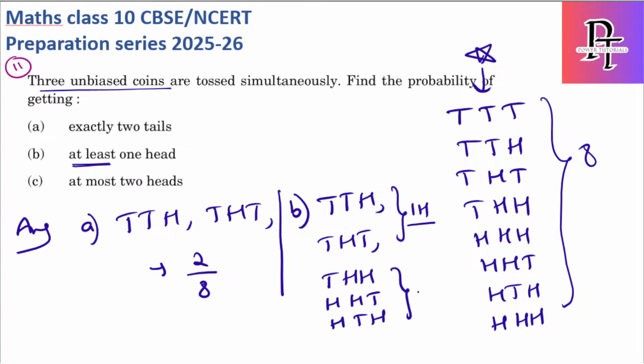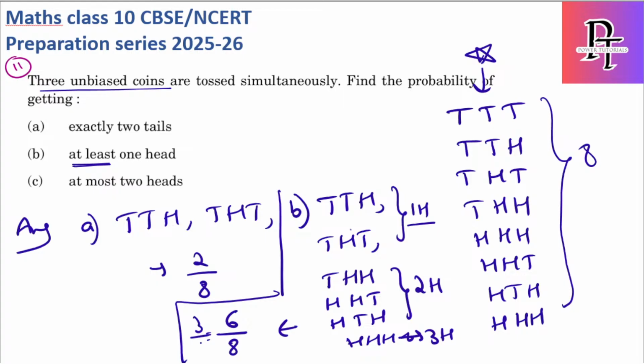Okay, this belongs to 2 heads, and 3 heads we have only one, which is HHH. So the total cases are 1, 2 plus 3. 1, 2, 3, 2, 3, 4, 5, 6. The total cases are 6. Hence the B answer is 6 by 8 or 3 by 4.